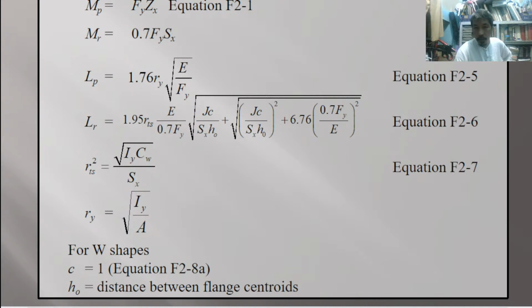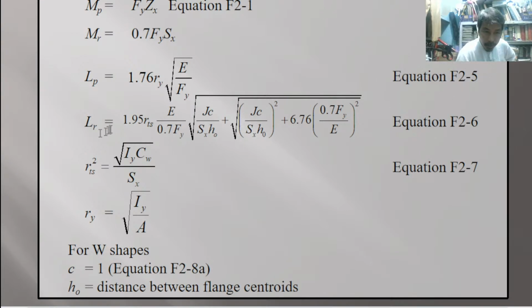Now, when LTB is a possible failure mode, we have again the equation given, Mr, moment of rupture, 0.7FySx. We already talked about why it is 0.7, because there is a 30% residual stress. And Lp is equal to 1.76 ry square root of E over Fy. That is the next equation.